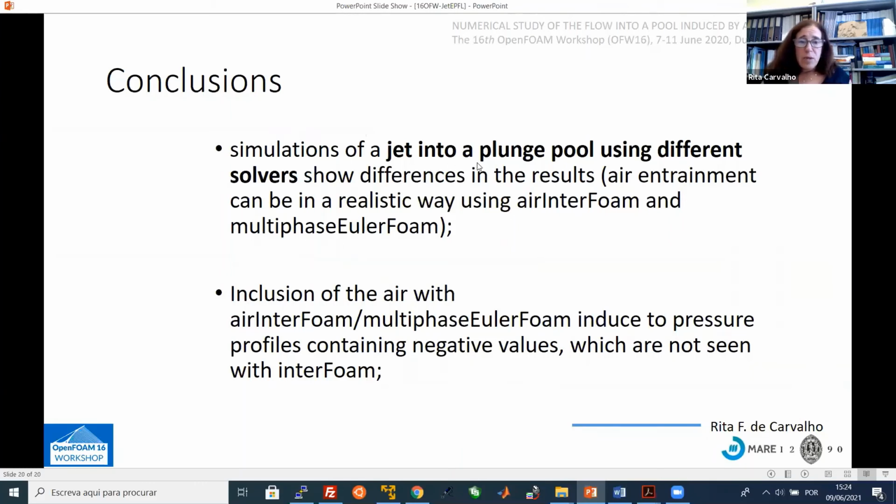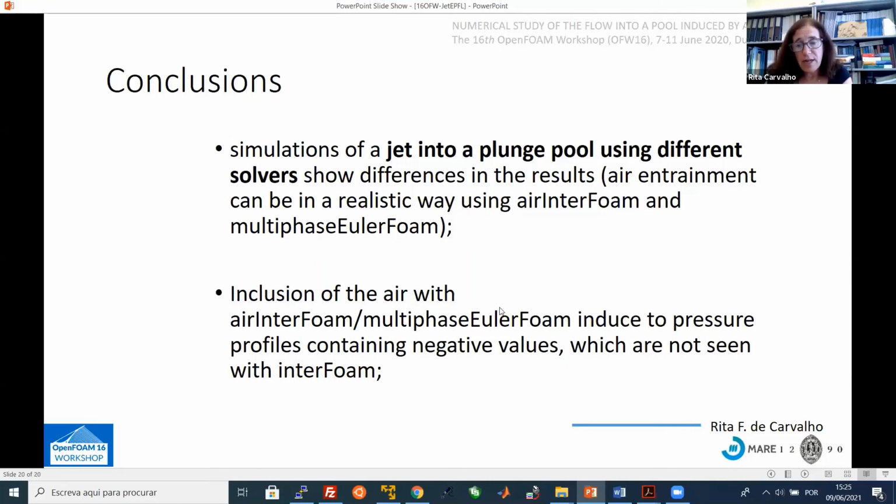So the simulation of the jet can be described by different solvers. The air entrainment can be described in a realistic way just in air interFoam and multiphase interFoam. The inclusion of the air in the two solvers, air or multiphase interFoam, induced pressure profiles containing negative values which are not seen with interFoam in that experience.